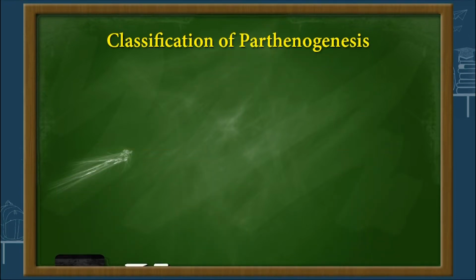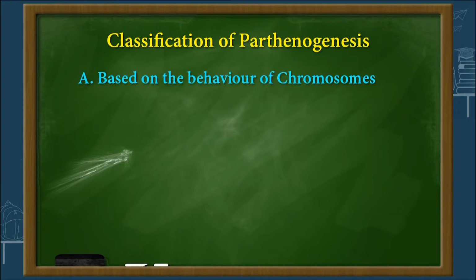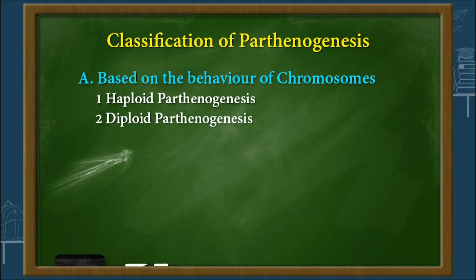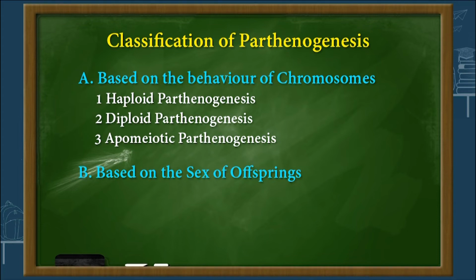Now, if we further look at the classification of parthenogenesis based on the behavior of chromosomes, it can be classified into haploid parthenogenesis, diploid parthenogenesis, and the third one is apomictic parthenogenesis. It can also be classified based on the sex of the offspring, that means male or female parthenots.